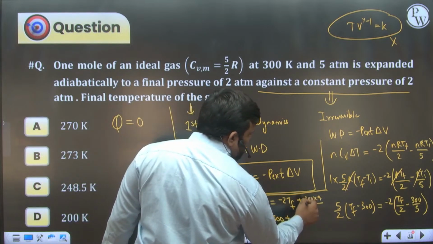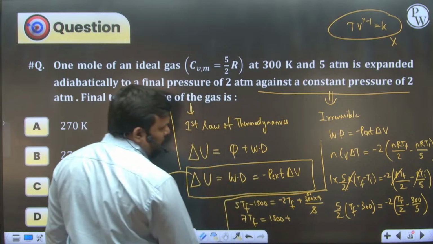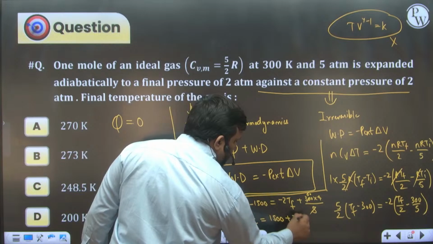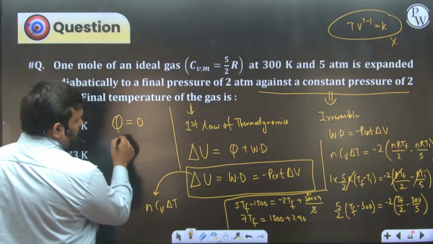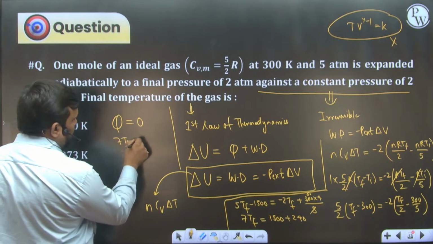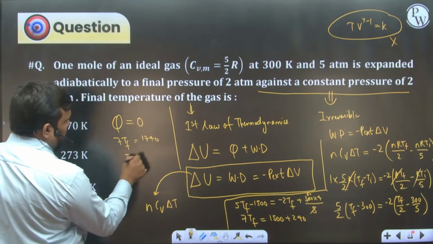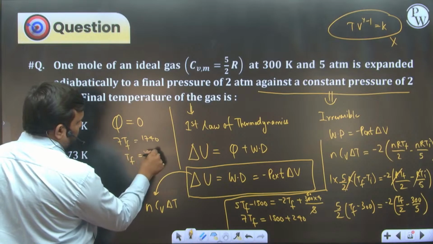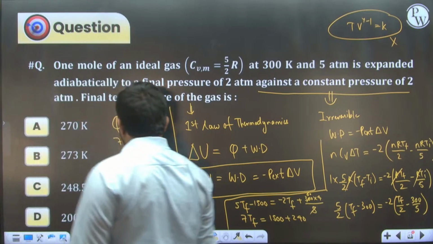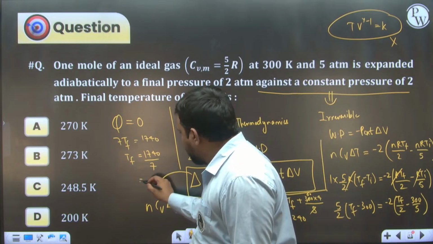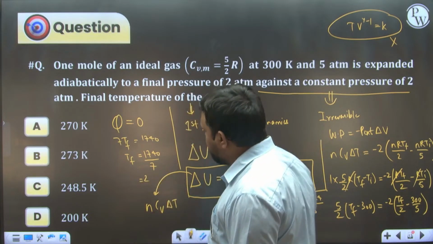This is nothing but 60. 60 into 4, it will be 240. So finally we are getting 7T final will be equal to 1740. So temperature final will be equal to 1740 upon 7. 1740 upon 7 will be, 7 2s are 14.